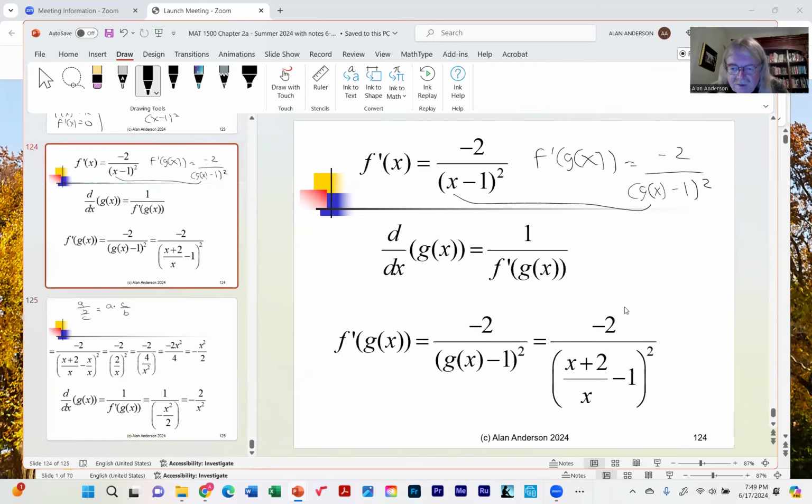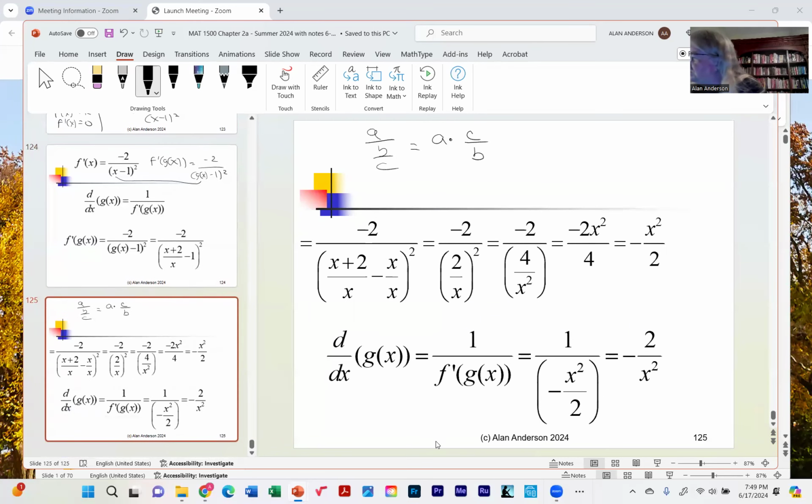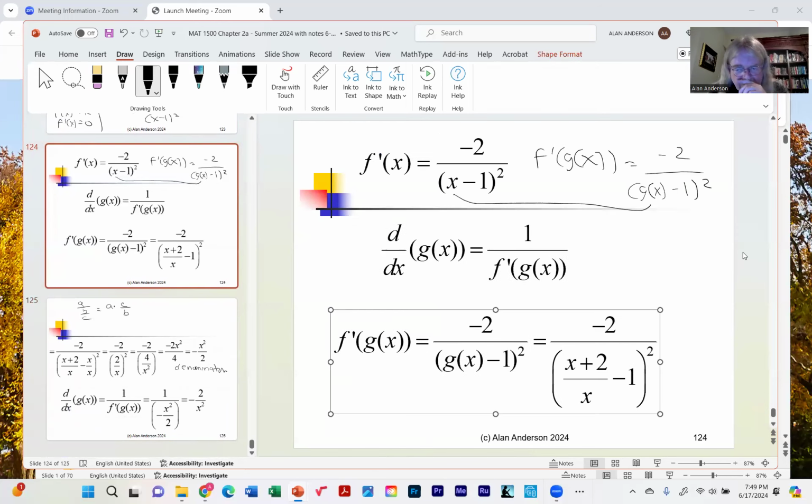Let's see. Oh, yes, because I was looking at it for a second, like what's going on here. I just realized this is your denominator. So we go back to the previous slide. We're trying to solve for this.